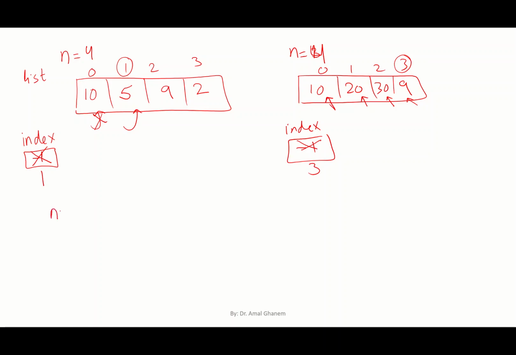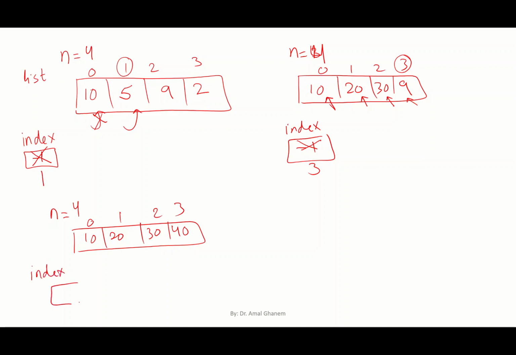Let's have a case where n is 4, but we have no odd numbers. So I have 10, 20, 30, and 40. And here we have index -1 as a starting point, and I will do the same process. Go to the first location and check, is it an odd number?